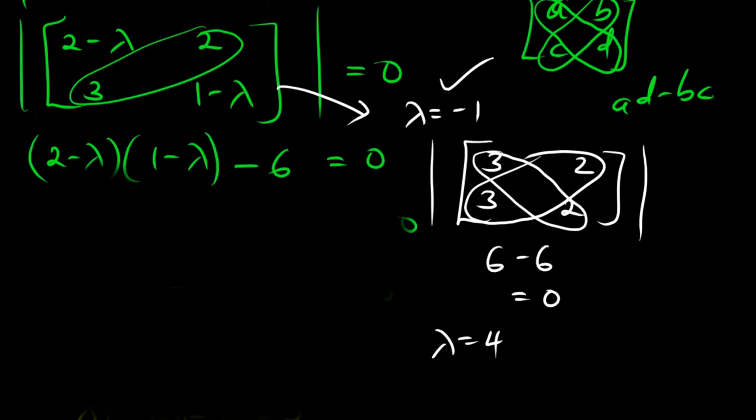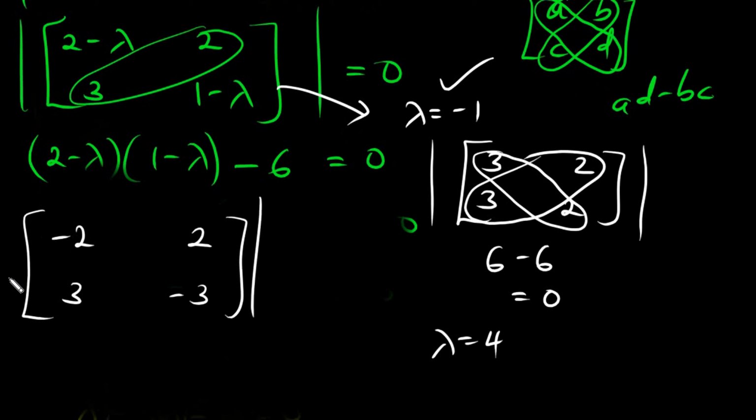So the matrix is going to be 2 minus lambda, that is 2 minus 4, which is -2, and then we have 2, and then we have 3, and we have 1 minus 4, which is -3. I want us to check whether the value of lambda is going to fit in that equation. So the determinant of this should be 0.